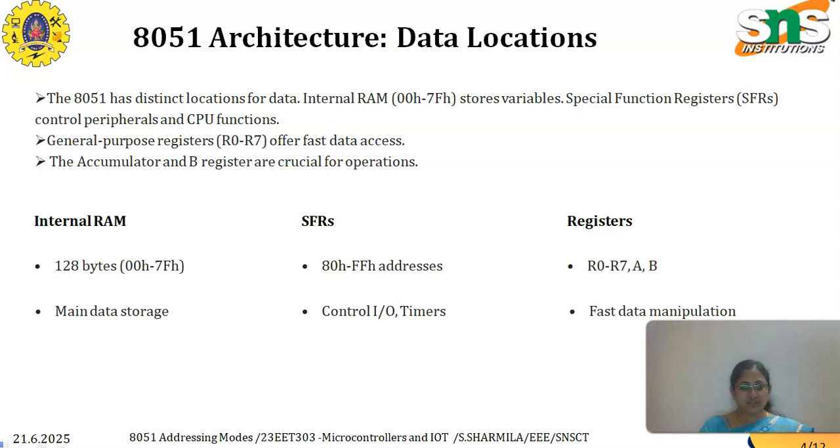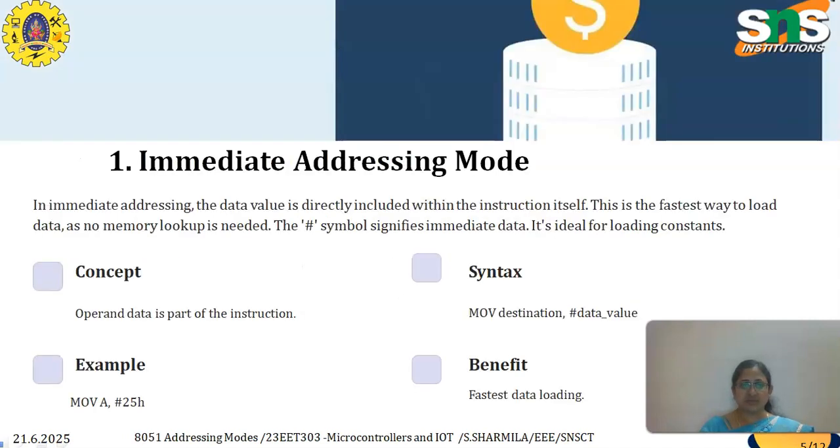SFRs are the special function registers, available at addresses 80H to FFH, and are mainly used for control of input/output and timers. The registers R0 to R7 are general purpose registers, along with registers like A and B, which give fast data manipulation.